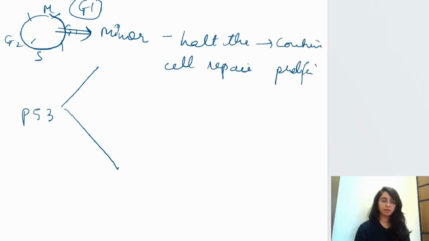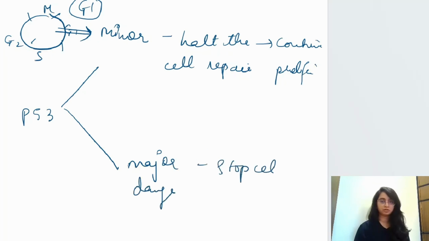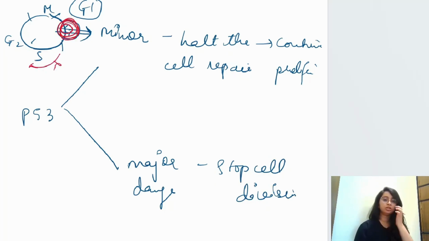Okay, so this is a p53 gene. But if there is any major damage, then what the p53 will do, it will stop the cell division. So it is acting on the G1 phase, right? This is the G1 phase. So it will not let the cell enter into the S phase or G2M phase, so that the cell is not getting proliferated.